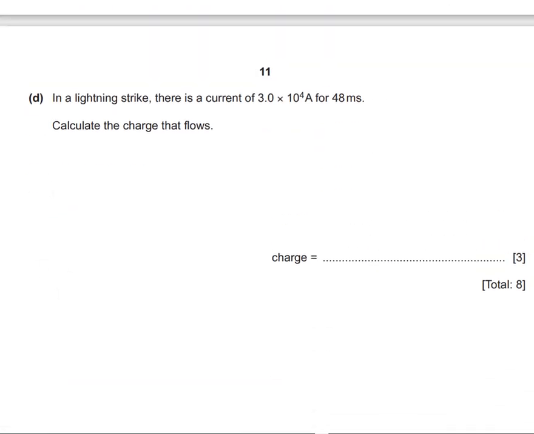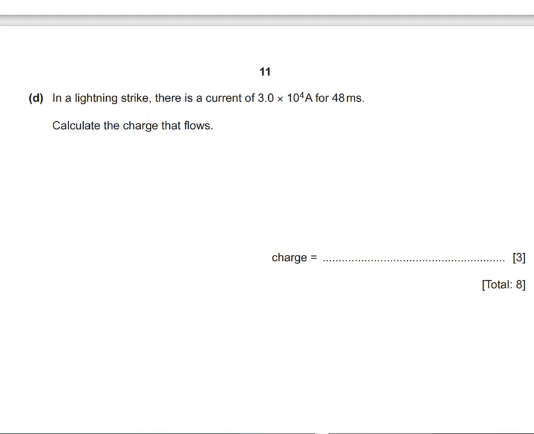Let us have part D. In a lightning strike, there is a current of 3.0 times 10 to the power 4 amperes for 48 milliseconds. Calculate the charge that flows.